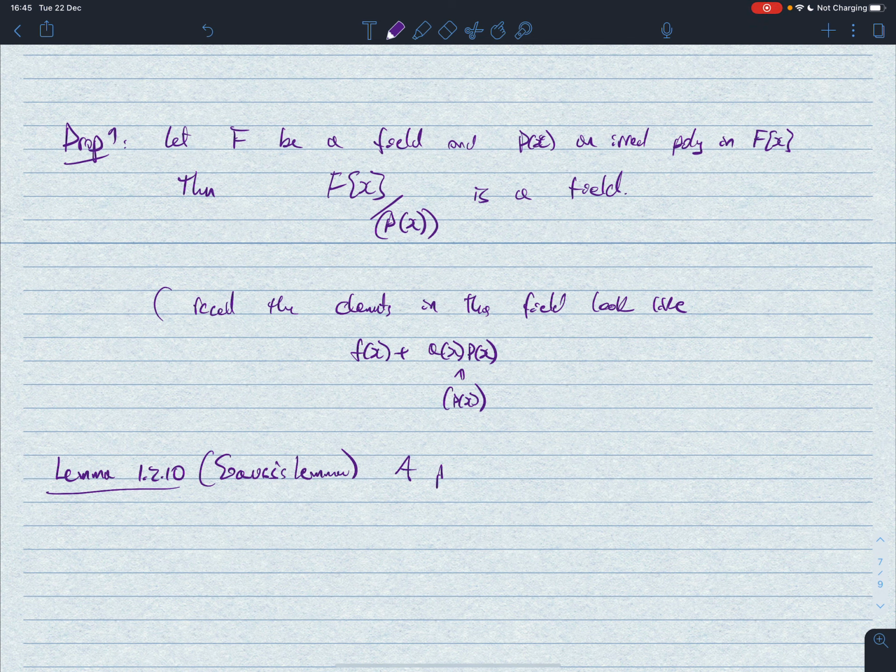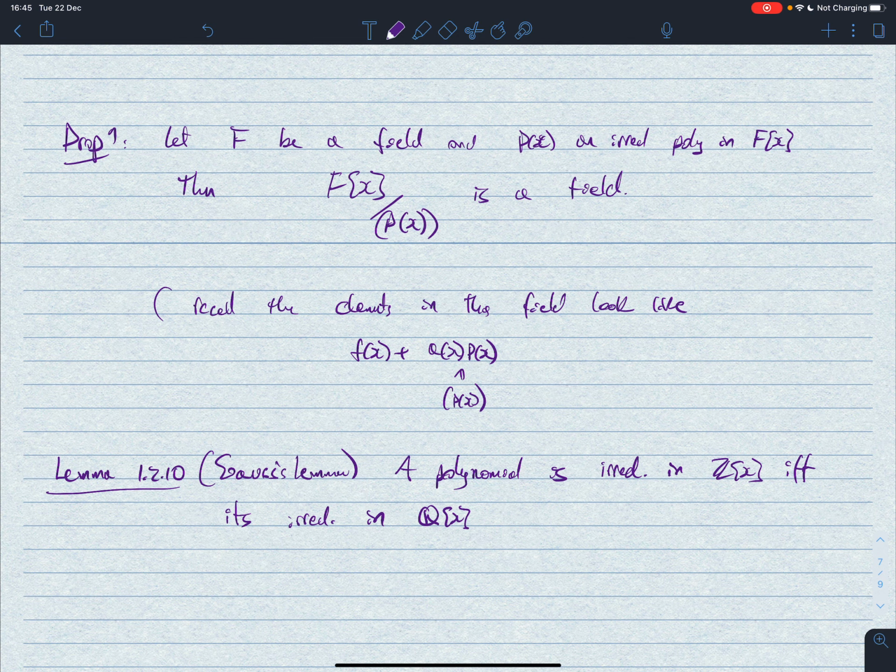A polynomial is irreducible in Z[x] if and only if it's irreducible in Q[x].